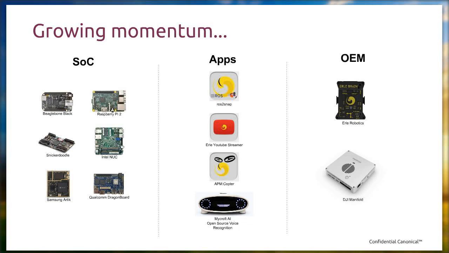We also have the Mycroft AI open source voice recognition, which we think is a fantastic capability to offer on a robotics or a drone platform. And then finally, of course, on the OEM side, we have the DJI Manifold, which is another NVIDIA Tegra-based computer running standard Ubuntu at the moment, and in the future will potentially be offering Snappy Ubuntu for enabling this new marketplace on the robotics infrastructure.